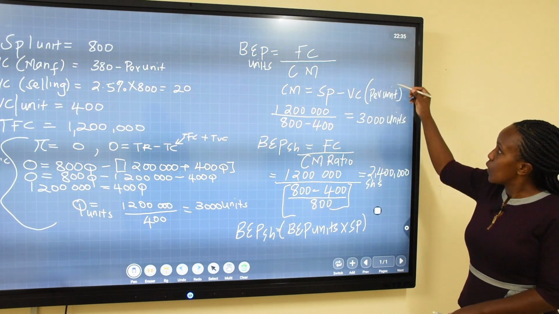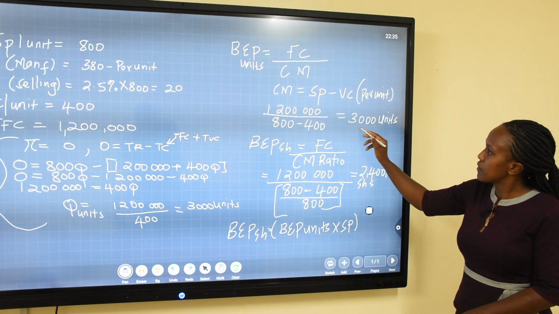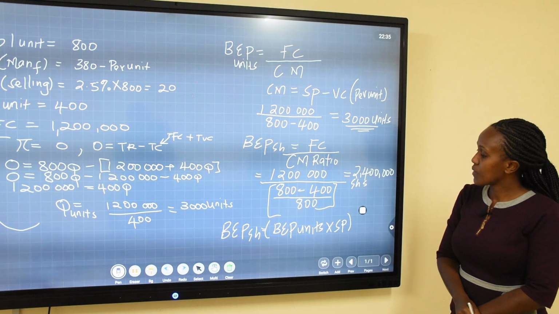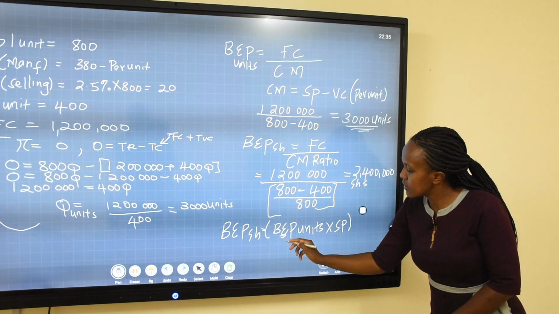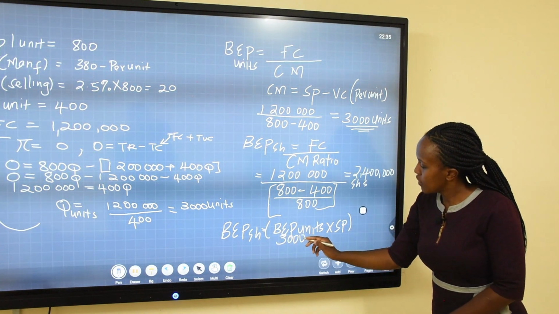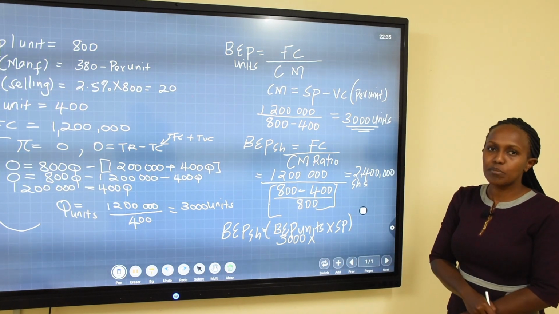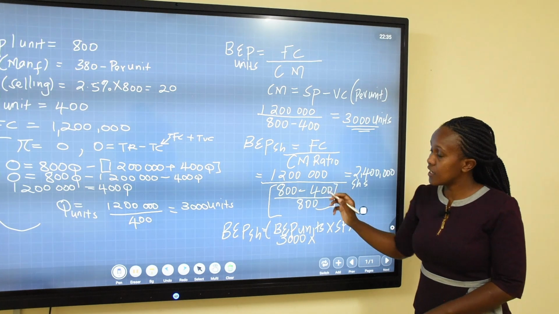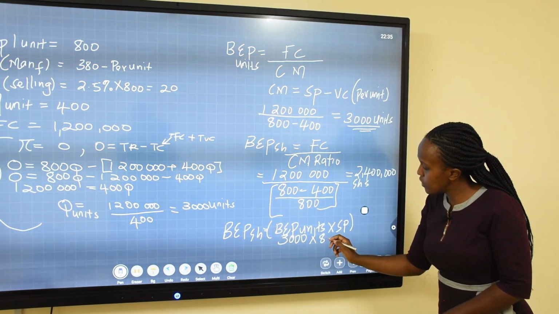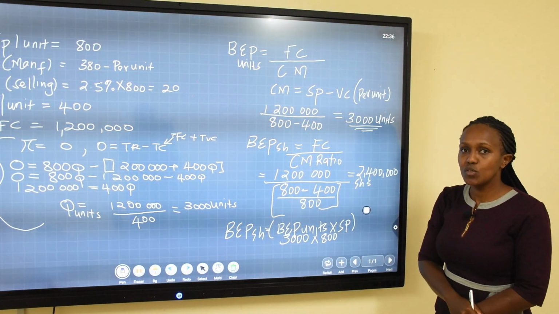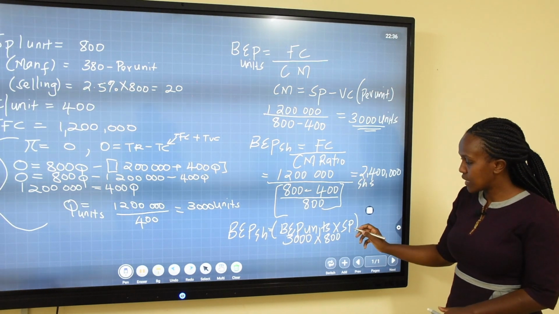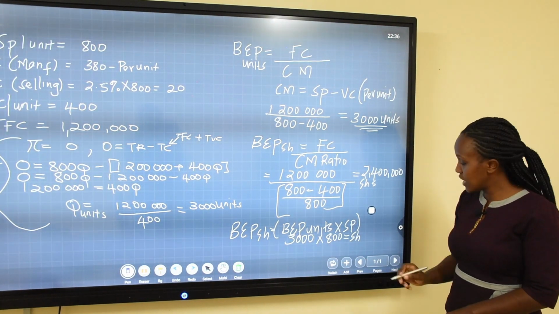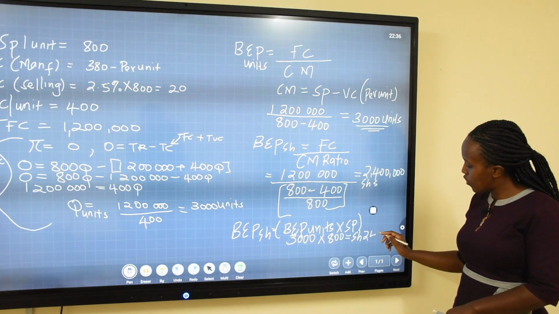In our question, once we got this BEP here as 3,000 units, we would have simply multiplied by the selling price per unit, which is the 800. Simply by multiplying the break-even point in units with the selling price, it would also have resulted in the break-even point in shillings, which we have said is 2.4 million.